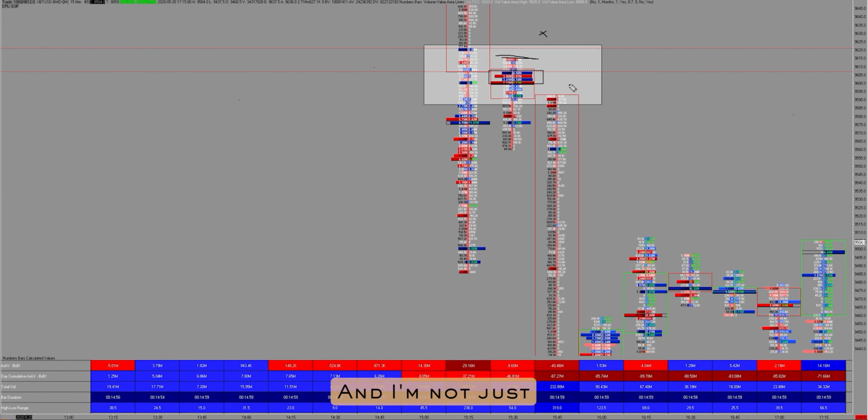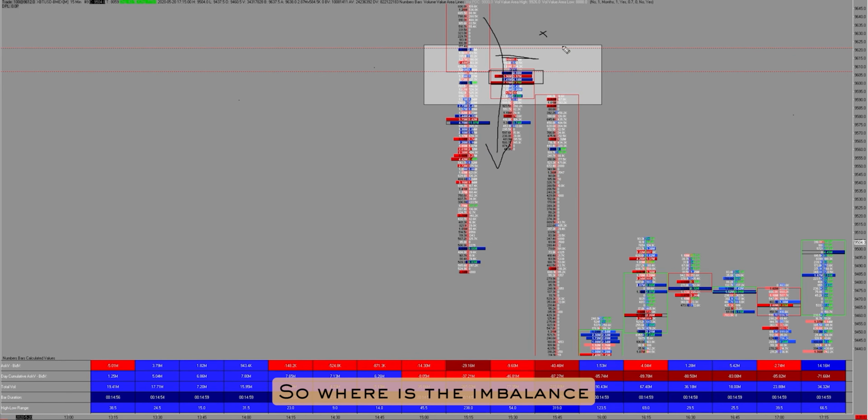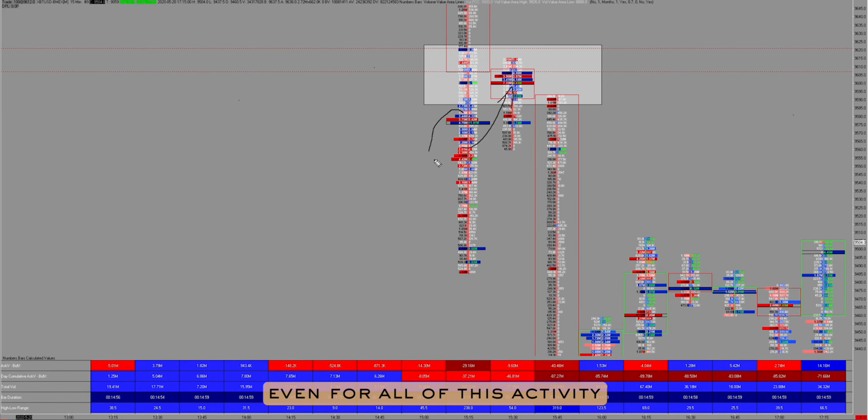All right. And I'm not just taking into consideration the imbalance here, but through the low. So where is the imbalance through the low that stands out? Well, one of the most obvious signs is right around this zero print where price was unable to make it back up through. So we see that in this correction, even for all of this activity that was stopped out, price is getting offered immediately, unable to close this gap.